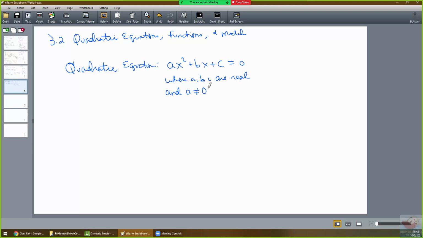When everything is on one side and 0 is on the other, like we have here, that's called standard form.